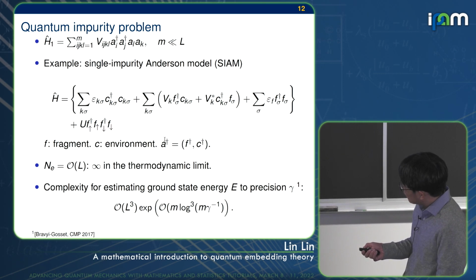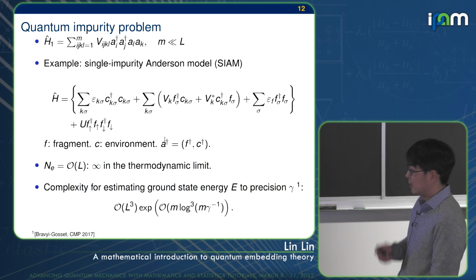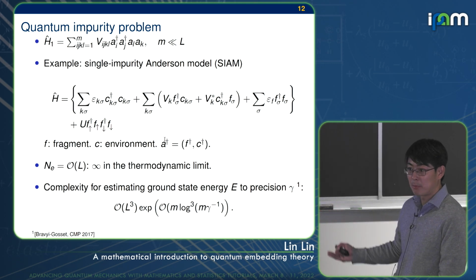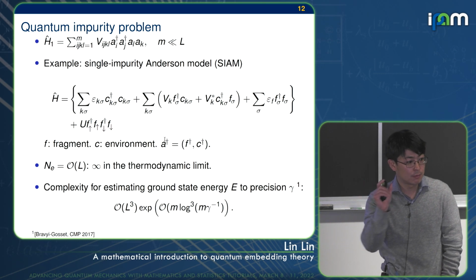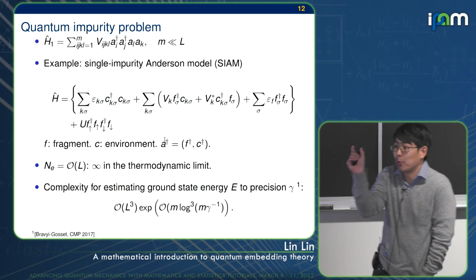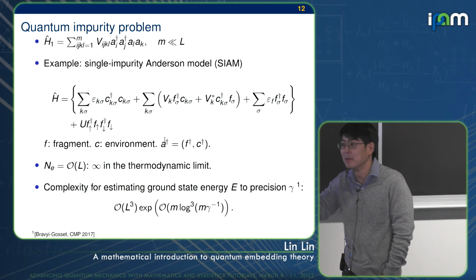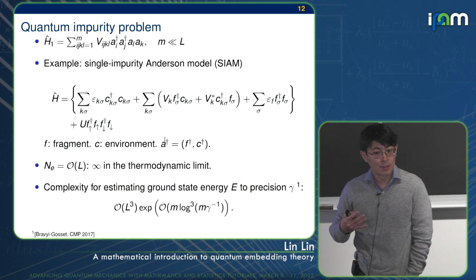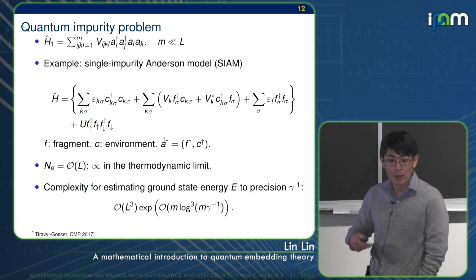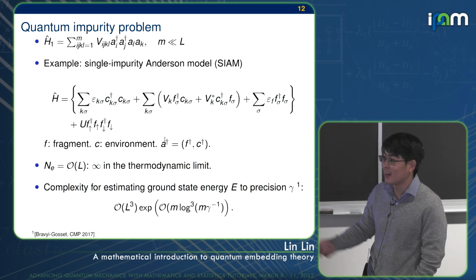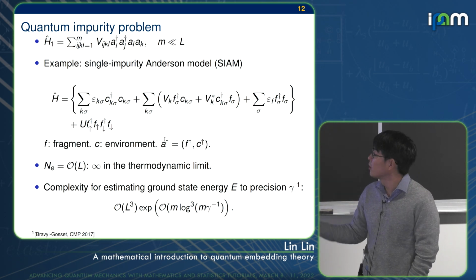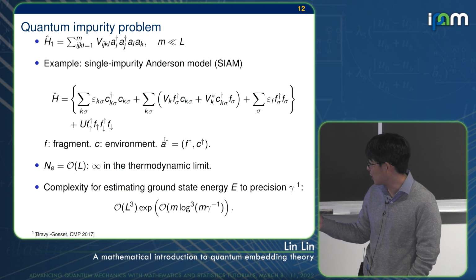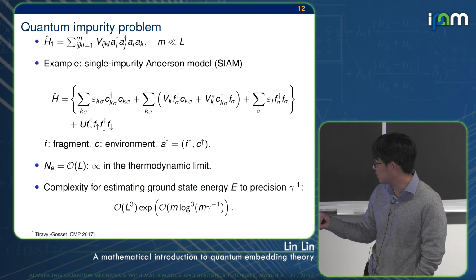It is multiplied by an exponential factor, exponential in M. That's not surprising, because even an interacting system of size M has dimension 2 to the M, so exponential in M is expected. But the non-trivial thing is that even when you have this many electrons, you can still solve this problem to a precision that is logarithmic.